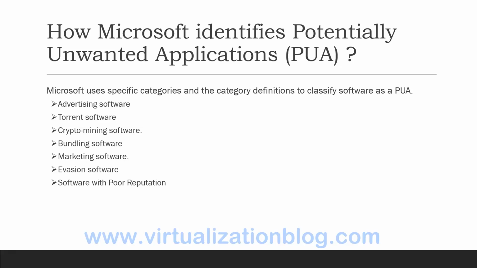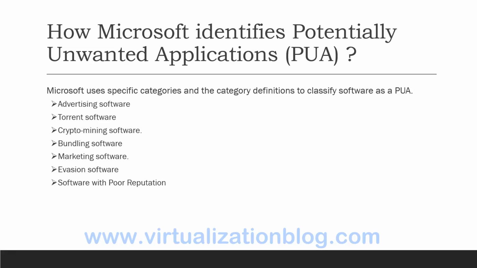It can be torrent software that uses technologies like peer-to-peer file sharing to download torrents or other files. Or it can be crypto mining software that uses user device resources to mine cryptocurrencies.